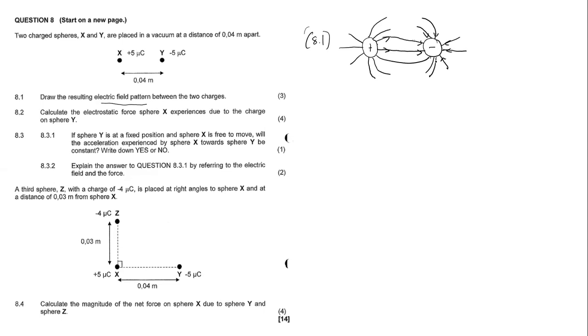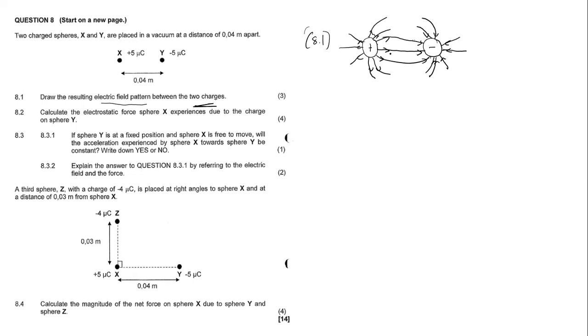And then here, we write the arrows that point towards the center of the negatively charged sphere. And for the positively charged sphere, our field lines are going to move out of the sphere, okay? They're going to move out of the sphere, as we see over here. And therefore, this is how we draw the resulting electric field pattern between two charges.